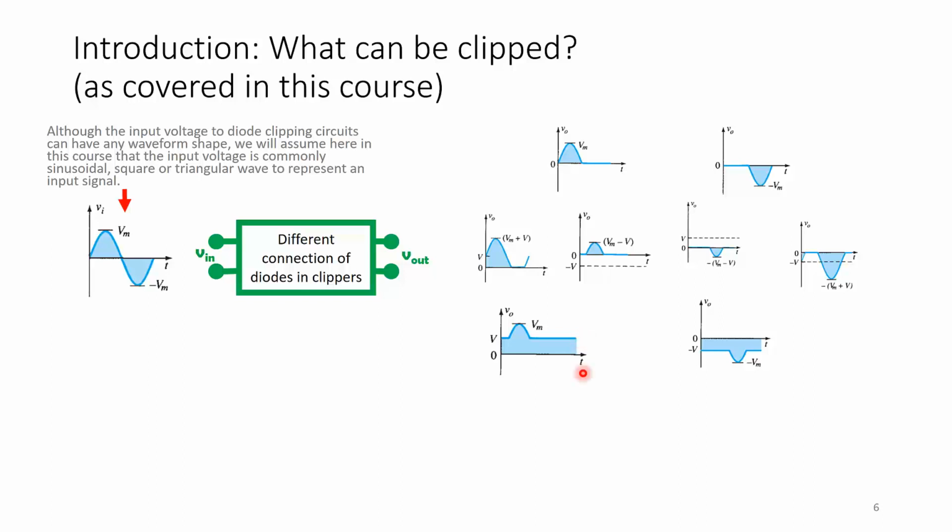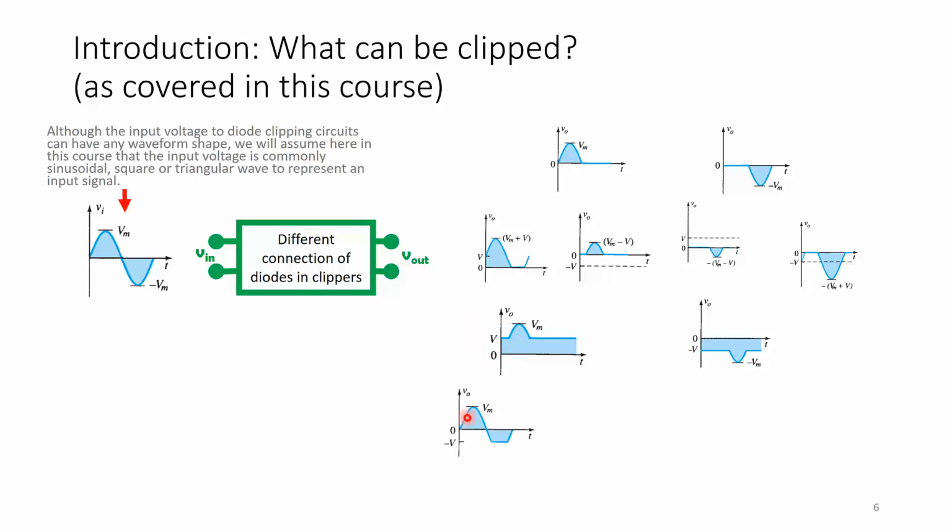You'll have a look at this later. Or we can clip and maintain it at a certain voltage. Instead of clipping and going all the way down to 0 volts, you may want to fix it at a certain voltage here. So here it may involve added bias.